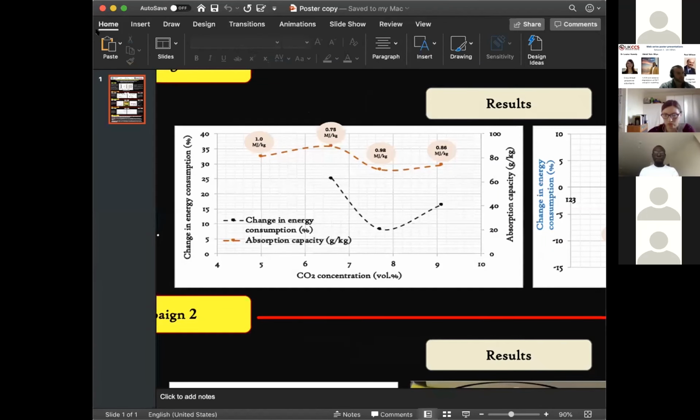Can I ask a question? Yes, please. So EGR increases the composition of carbon monoxide and unburnt hydrocarbons coming from the gas turbine. How do they affect the capture plant?